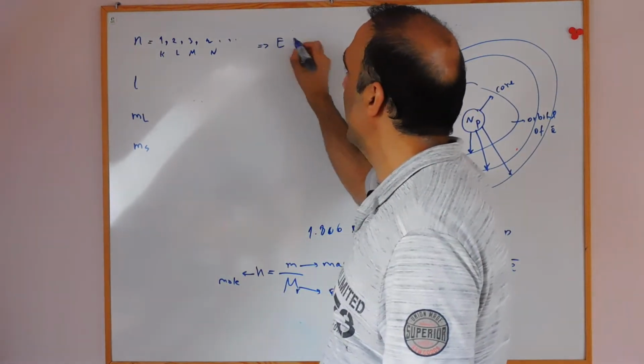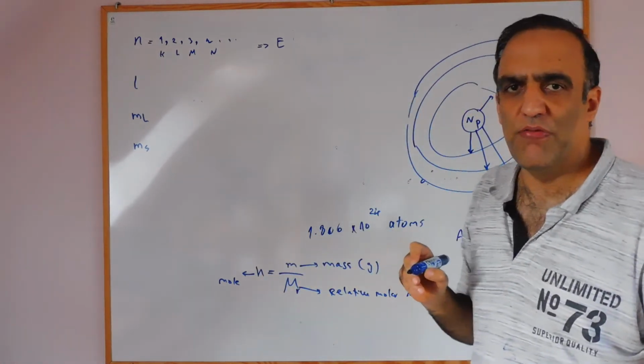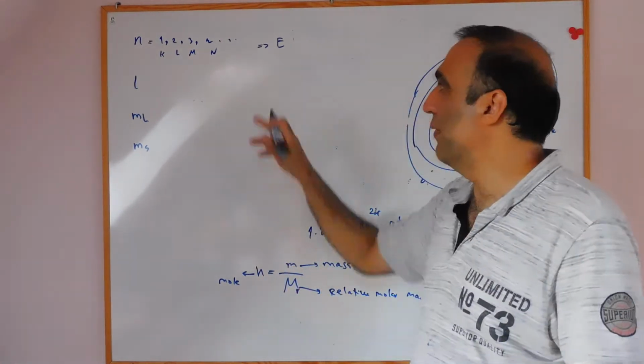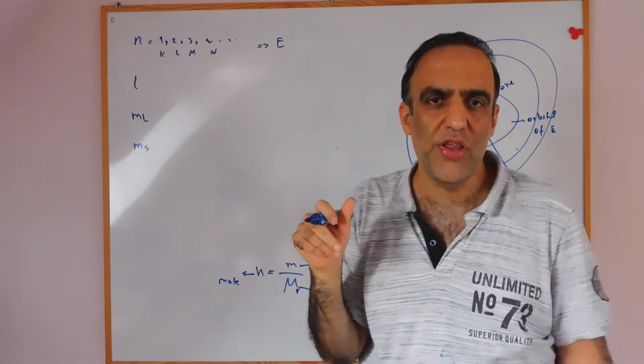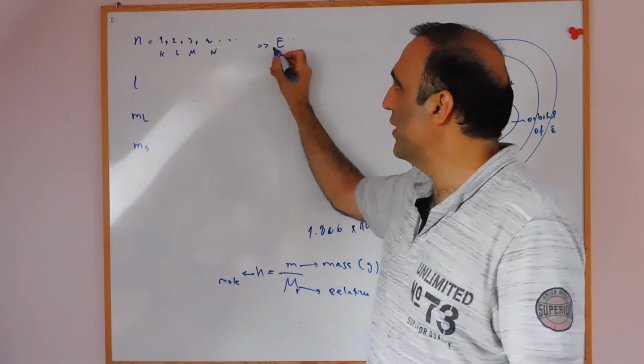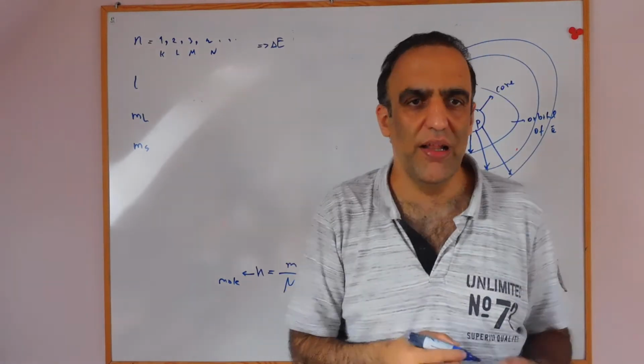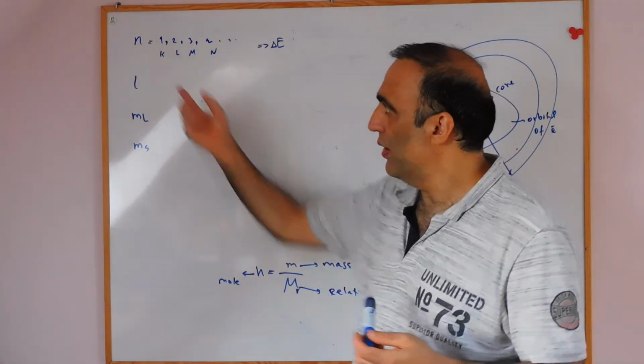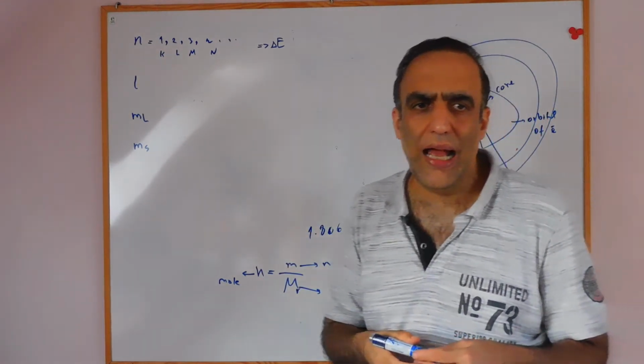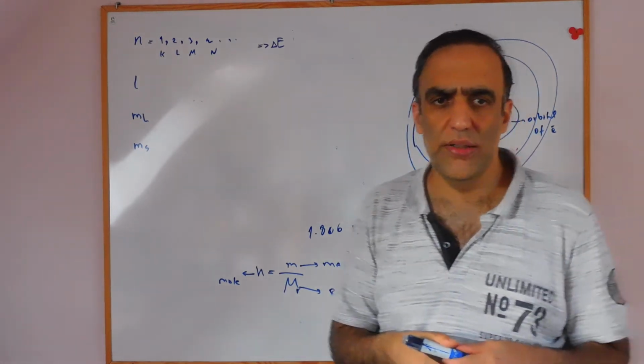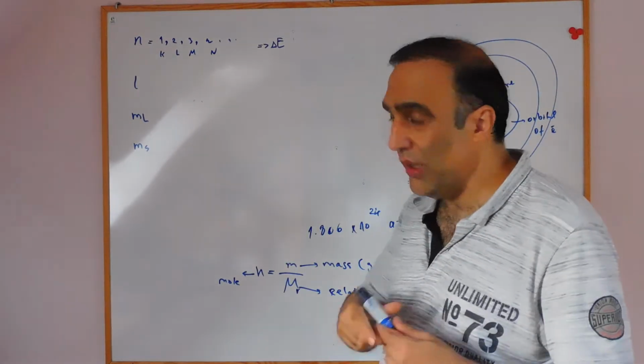We can calculate the energy of the electron, as you remember from the Planck formula and Einstein formula, and the difference between energy levels. It's very easy.